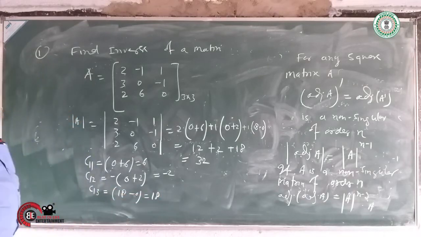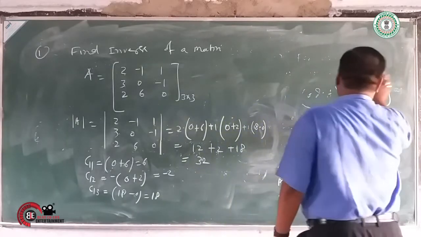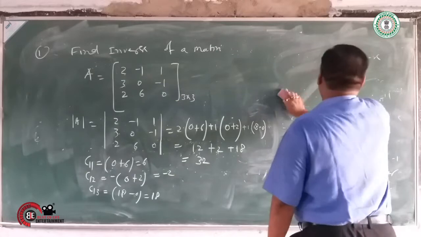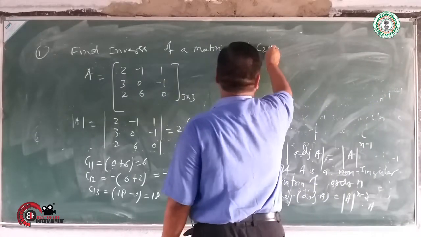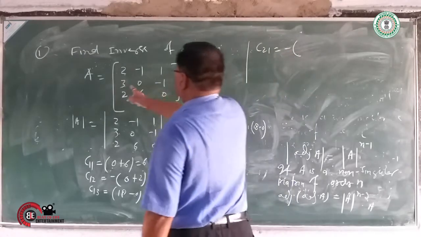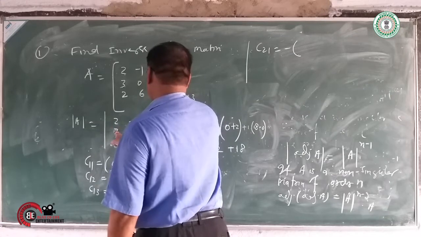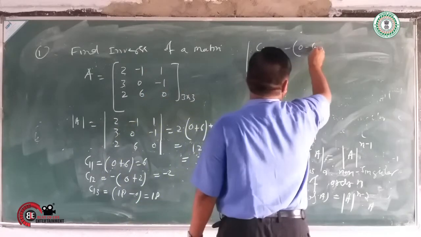Now cofactors of the second row: C21, minus, 0 minus 6, it is 6.